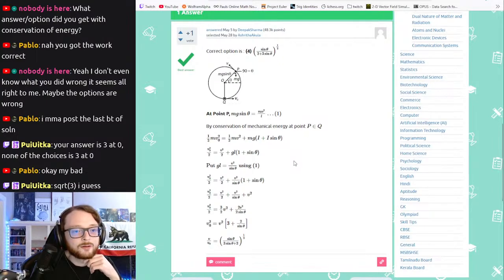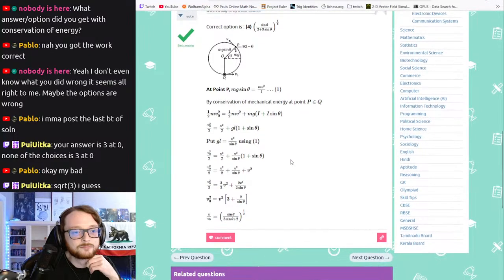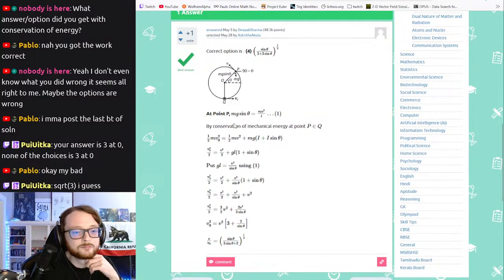This is saying option 4: G sine theta equals mv squared over L. This is saying sine theta instead of cosine theta.